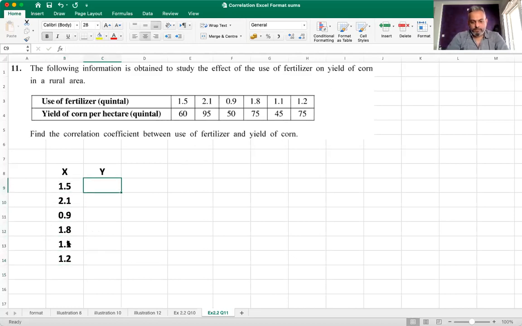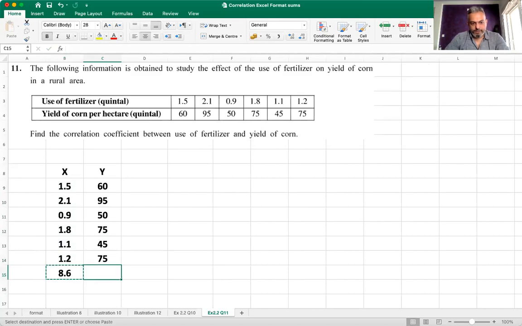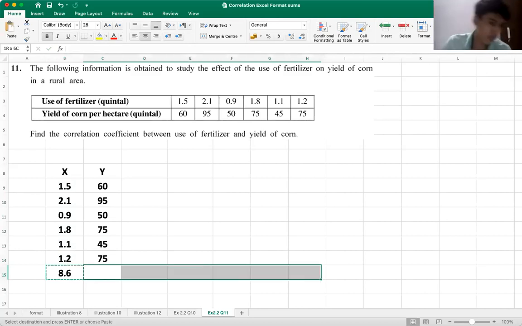Y is 60, 95, 50, 75, 45. So while you're writing the numbers also, you can make out what is common. You can see they are all multiples of 5. 75, 8.6. Yeah, let me just confirm it. Yes, 8.6. 400.